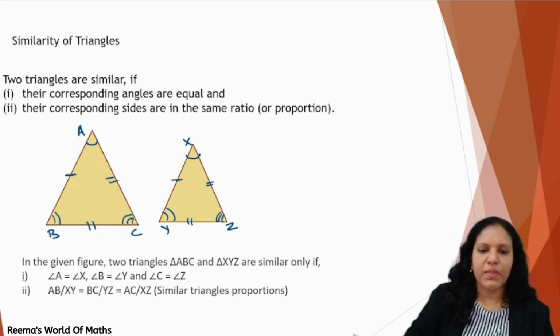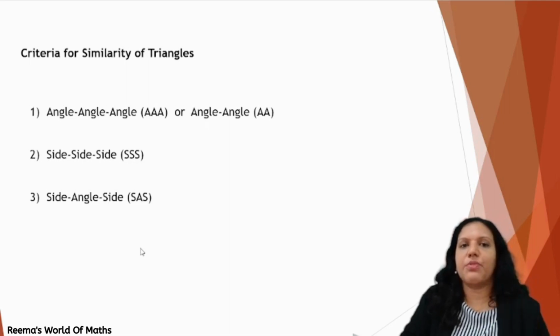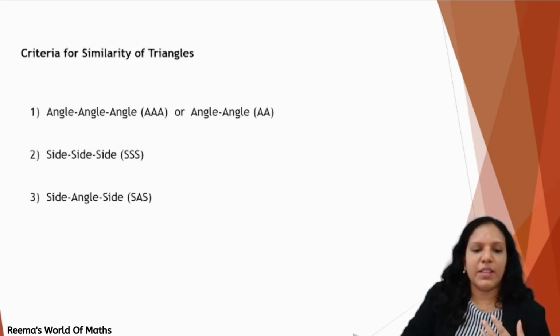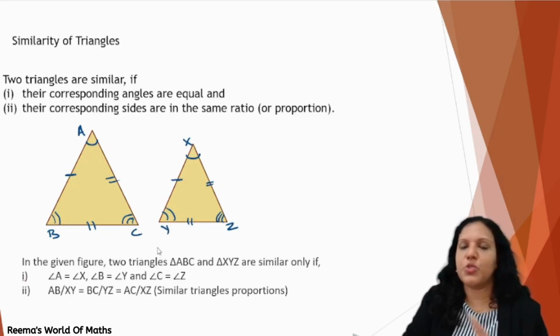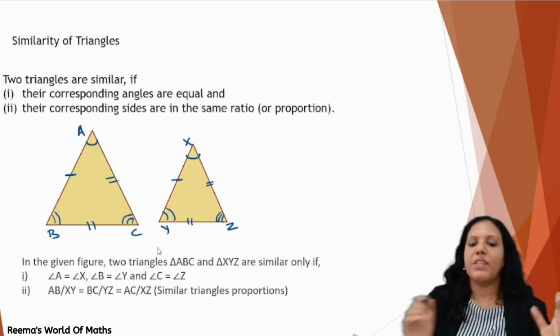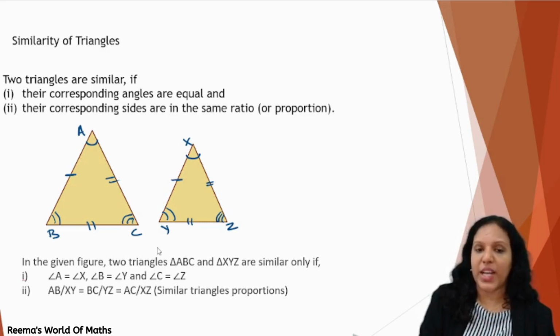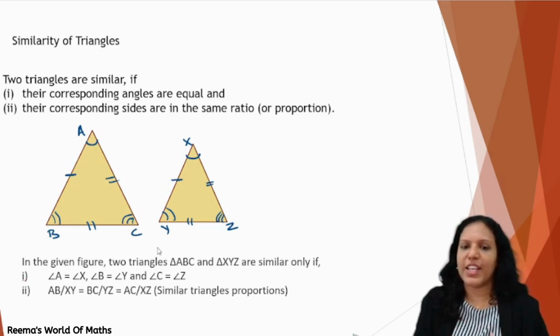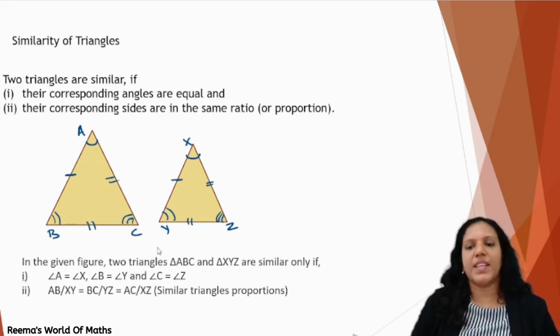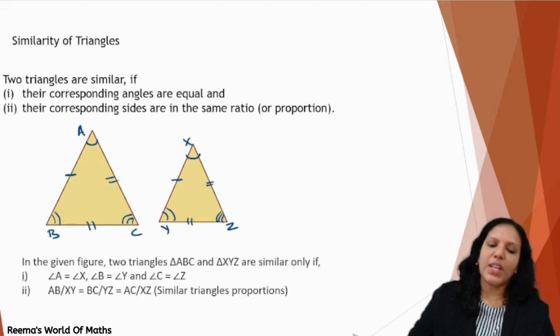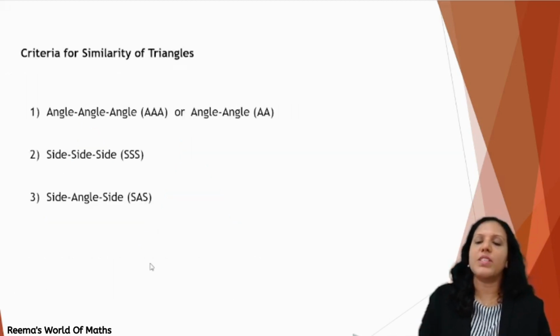Now there are three different criteria for similarity of triangles. We already found that two triangles are similar when their corresponding angles are equal and their corresponding sides are in the same ratio. So let's see the criteria for similarity of triangles.